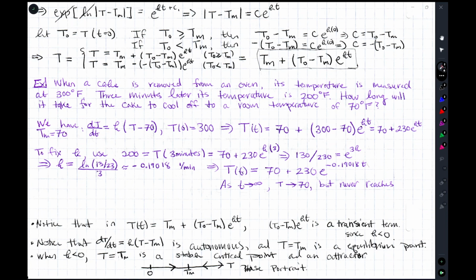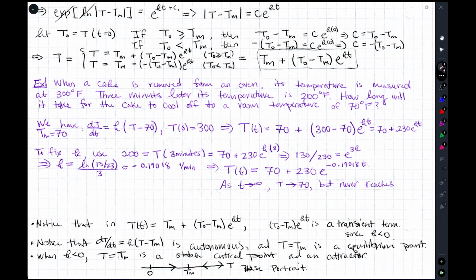But we have two different data points: the temperature at t equals 0 and the temperature at t equals 3 minutes. And from that, solving this differential equation, we get this, which follows the same form up here, as we should expect. And you end up with this relation.